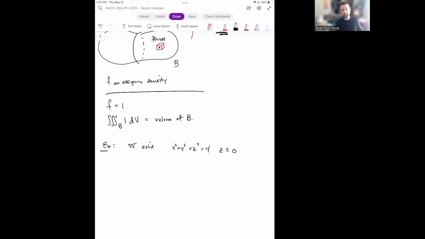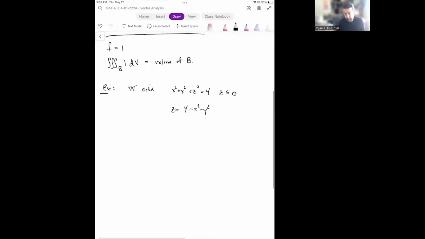And so the idea here is that we are describing the bottom half of a sphere, and then we're going to attach to the top of it a paraboloid z is equal to 4 minus x squared minus y squared. If you want to visualize the region that we want to work with here, you can imagine that you have a hemisphere on the bottom that looks like this.